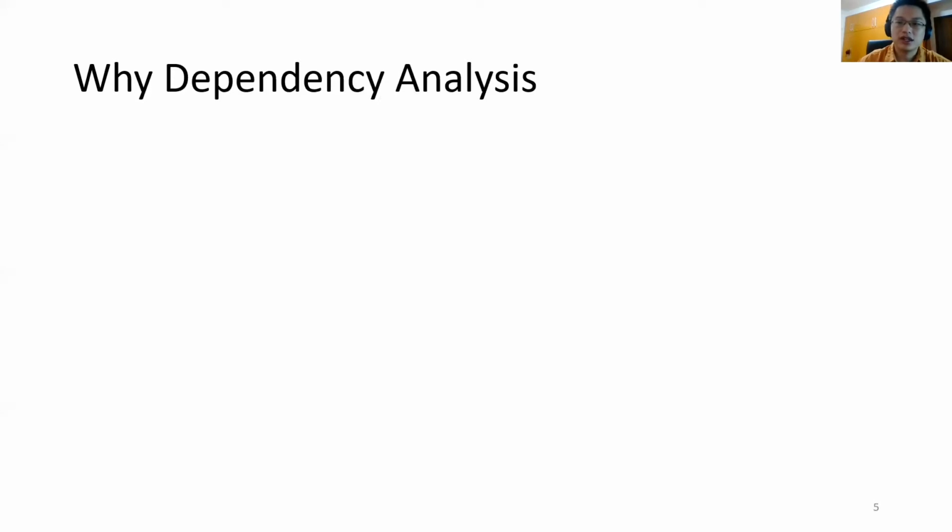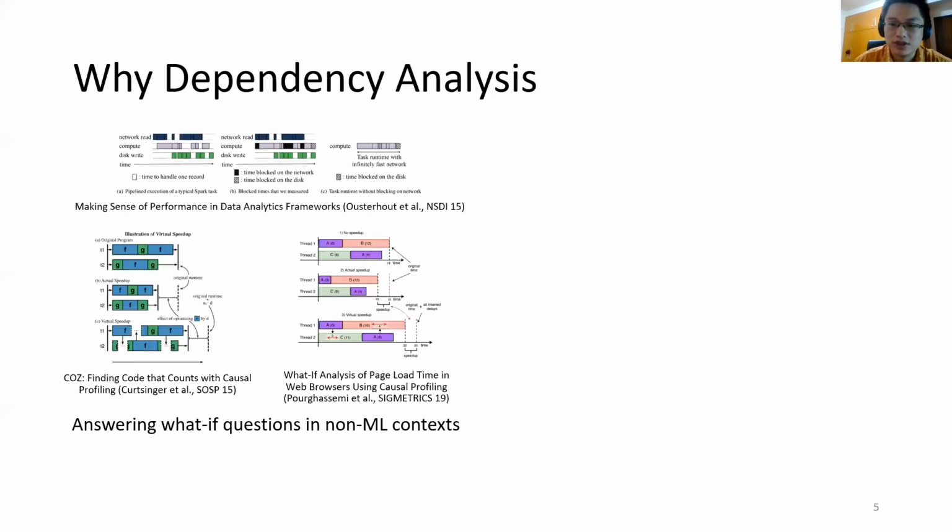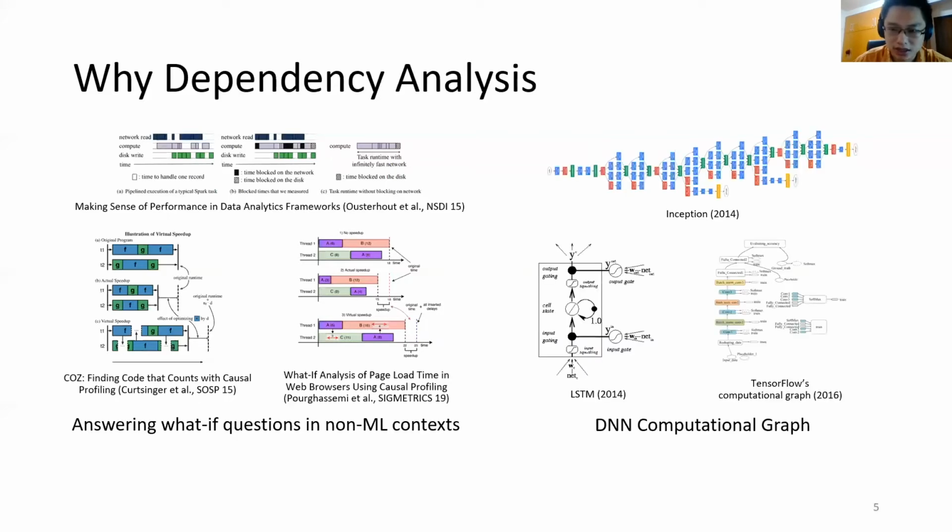But luckily, exploring what-if questions is not an entirely new problem. The system researchers have been using this dependency graph analysis approach to answer performance-related what-if questions in some non-machine learning contexts, like big data processing systems. And on the other hand, dependency graph structures are also common in the machine learning context.